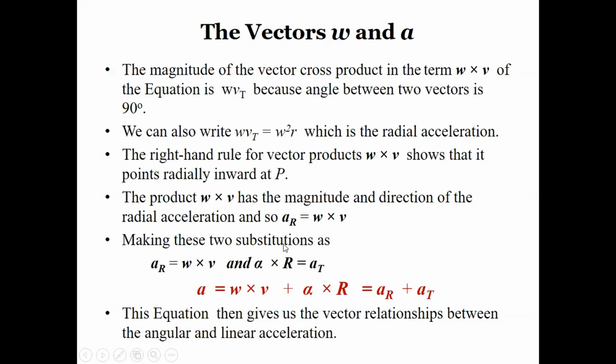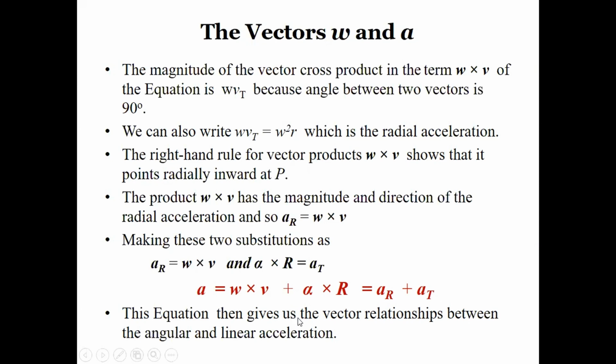Making these two substitutions, the angular acceleration cross product with r is the tangential acceleration, and the radial acceleration is equal to omega cross v. Therefore, our equation of total acceleration is omega cross v plus alpha cross r, and both are the radial and the tangential components of the acceleration.